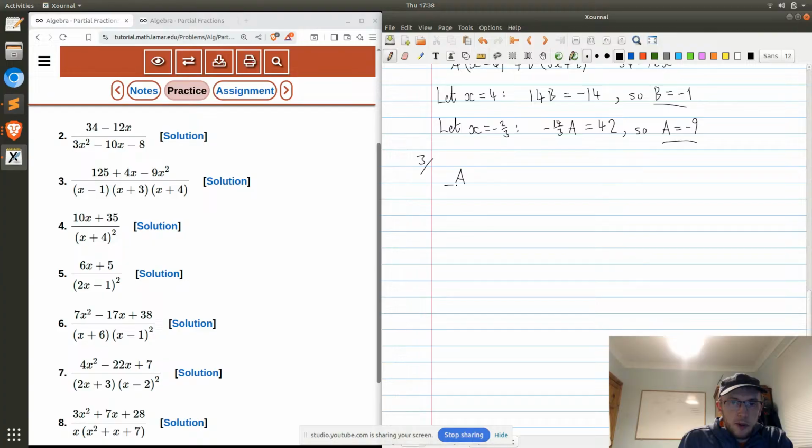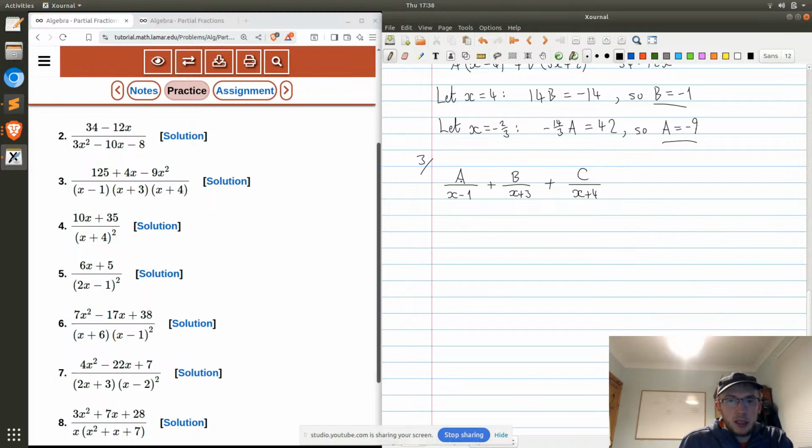So we're looking for A over x minus 1 plus B over x plus 3 plus C over x plus 4, such that when you add them all together, you recover their original rational expression right there.